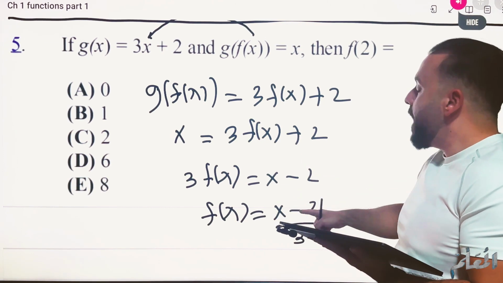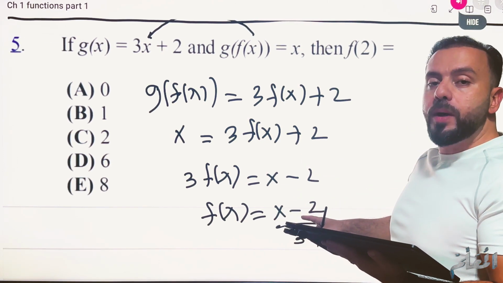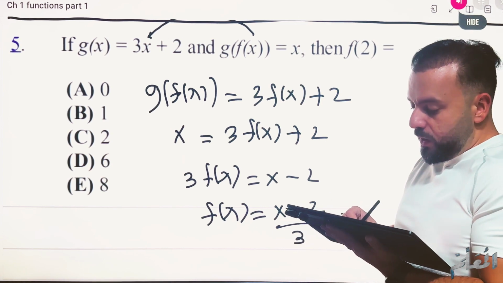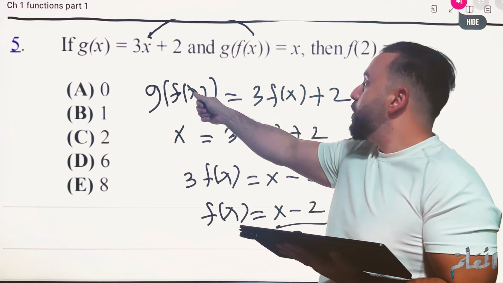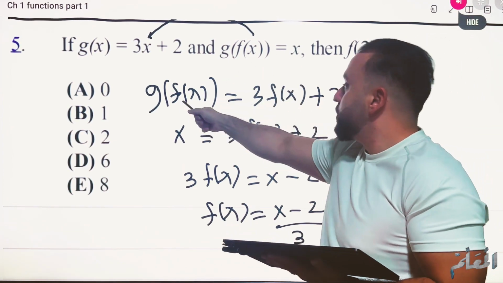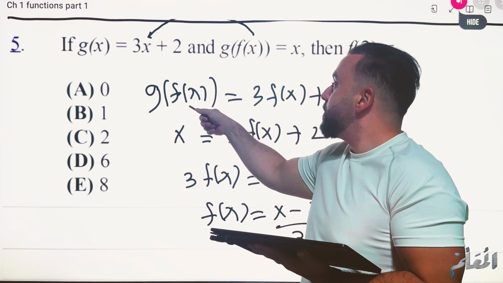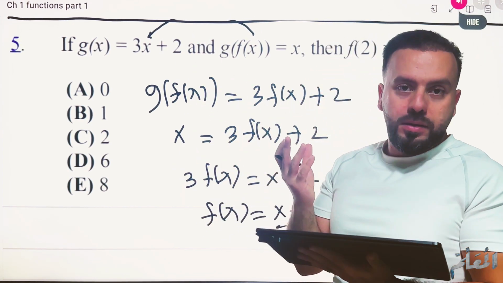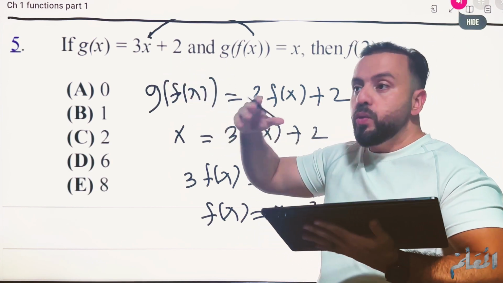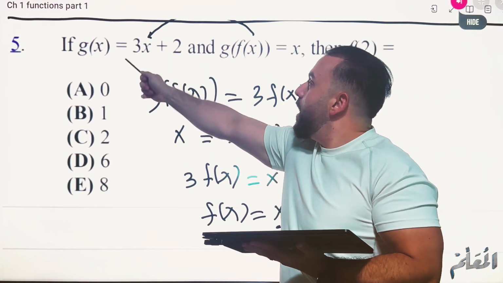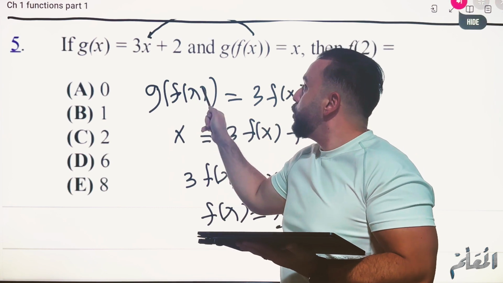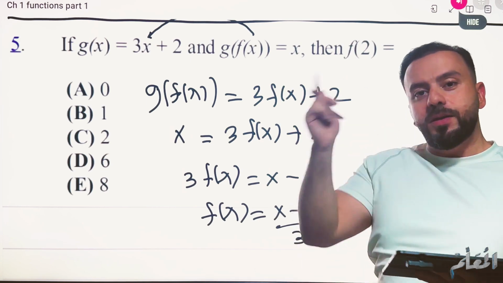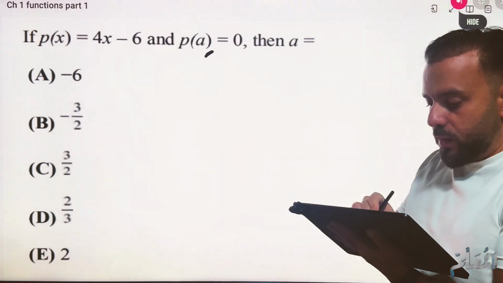So 2 minus 2 is 0. 0 over 3 is 0. So the answer will be 0. The trick here is you need to understand g of f of x equals x, but how to redesign the expression again, which means in g of f of x, every single x you replace with f of x. That's the case. See you in question 4.